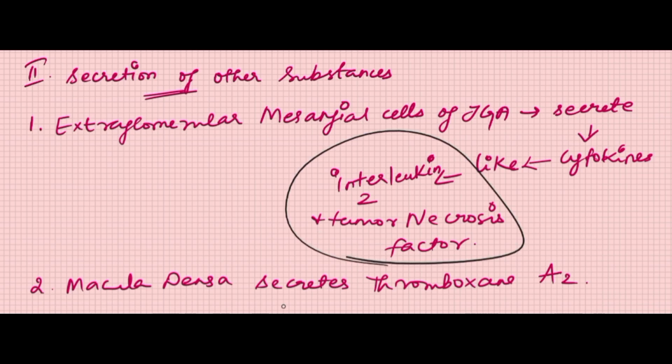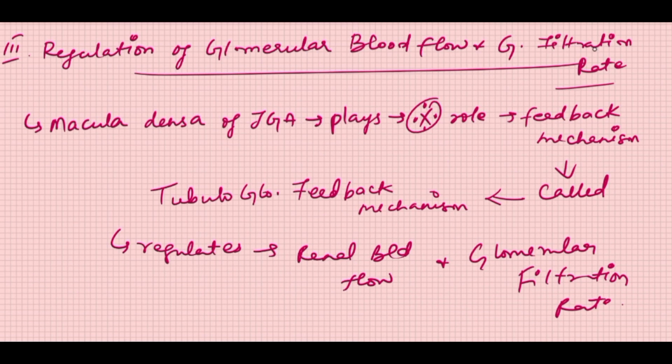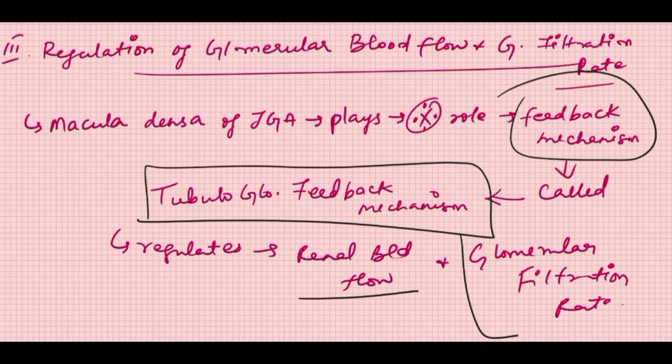Macula densa secretes thromboxane A2. Third one is the regulation of glomerular blood flow and glomerular filtration rate. Macula densa of the juxtaglomerular apparatus plays an important role in the feedback mechanism called the tubuloglomerular feedback mechanism, which regulates the renal blood flow and glomerular filtration rate.